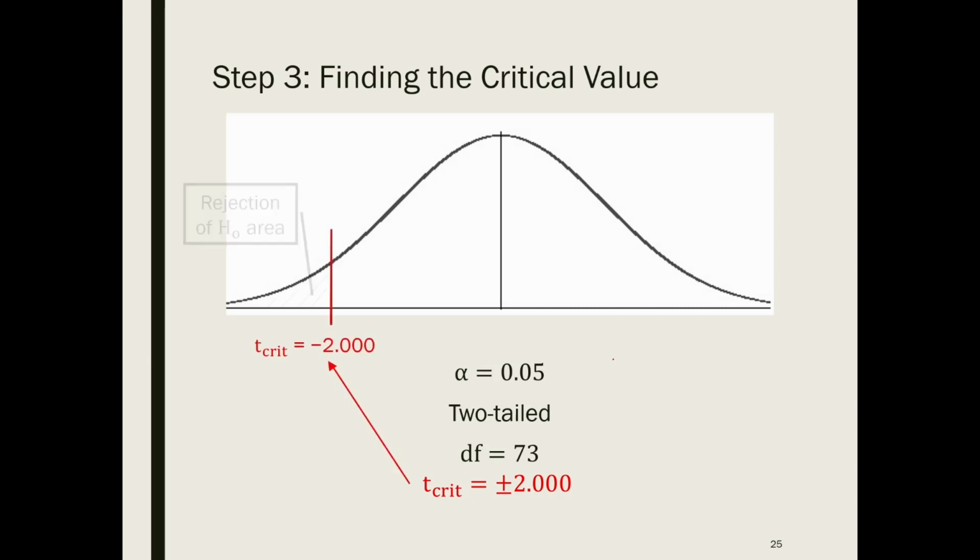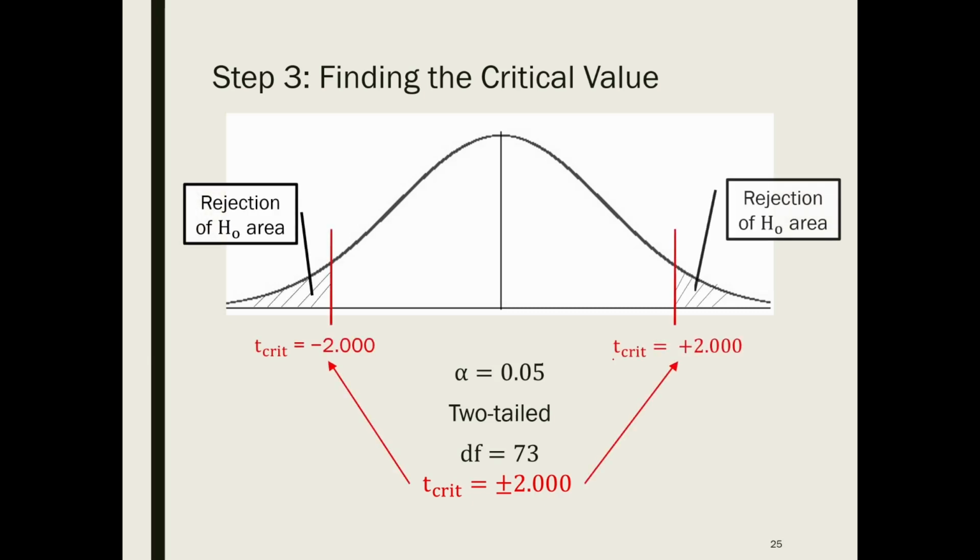You can mark those two places on the graph of the t distribution. It's actually like a normal distribution. It doesn't matter. So you can see we have the positive t-critical here. If the t obtained, based on the next step, is larger than this one, which is in the rejection area, we are going to reject the null hypothesis.